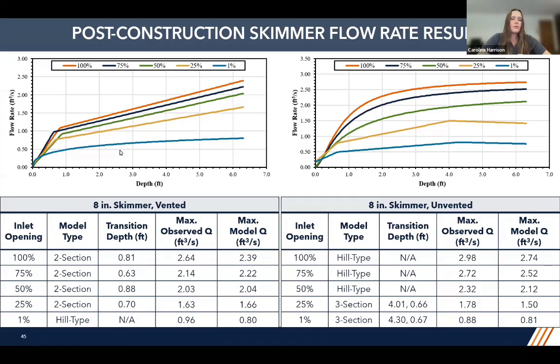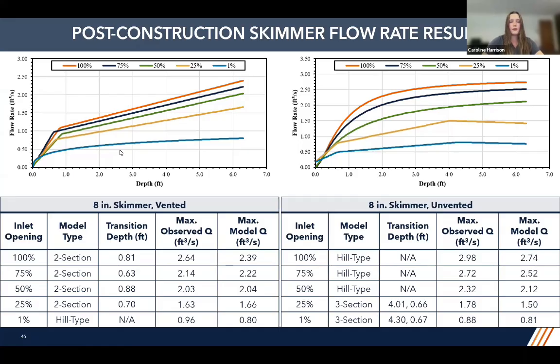Starting with our 8-inch skimmer, for our vented configuration, we have 2 section model types used across the board, except for that 1% inlet opening, for which a hill type was used. For the unvented 8-inch skimmer, we used hill type models for 100% through 50% inlet openings, and then 3 section models for the 25% and 1%.